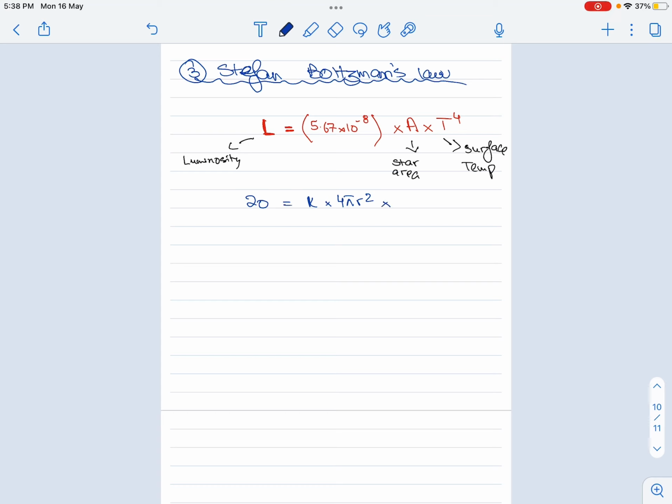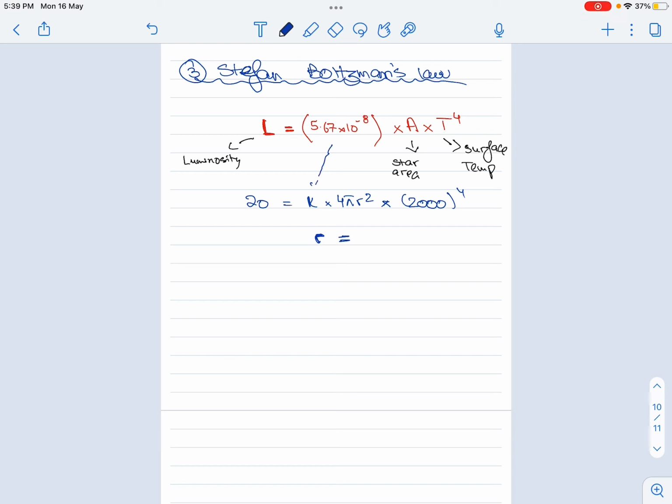And we replace T with the temperature from step 2, which was 2000 to the power 4, and then we can solve for R. And the value for the constant is 5.67 times 10 raised to the power minus 8.